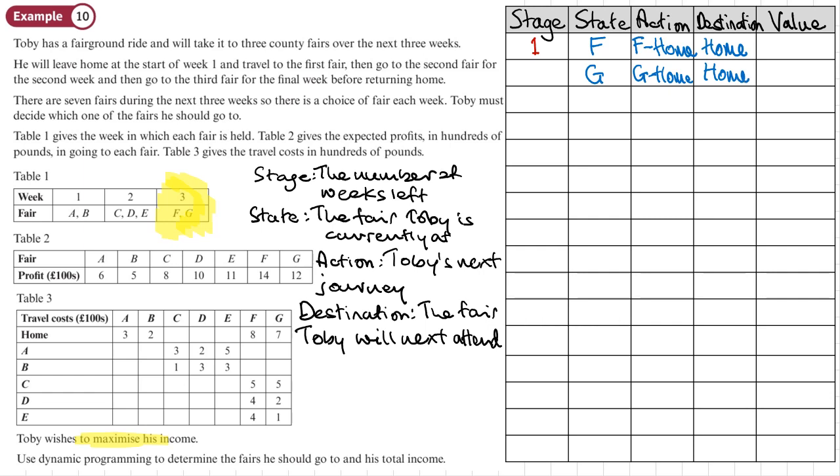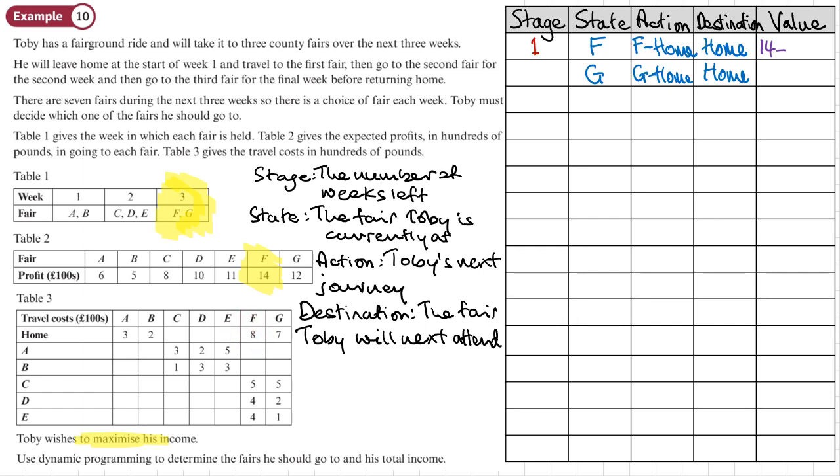Now we're going to work out the value. Now if he's at fair F, he's got a profit of 14, and this is in hundreds of pounds, £1,400. So write down 1,400. However, there's probably going to be some costs. Let's see, what are these travel costs to get from F to home? £800.